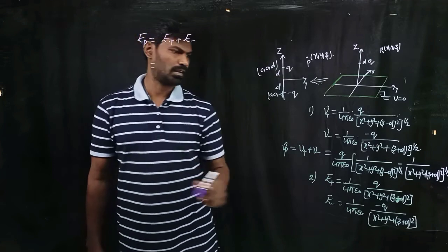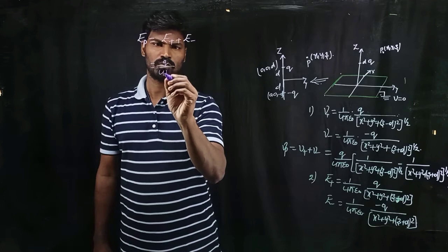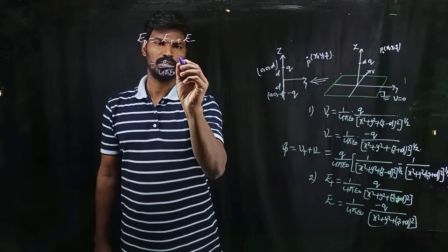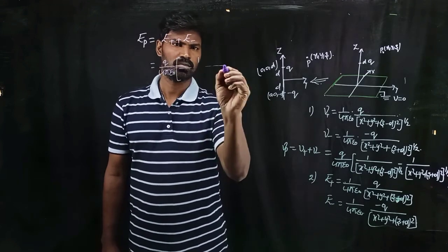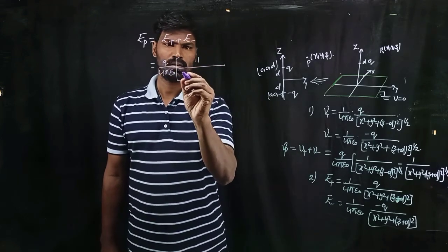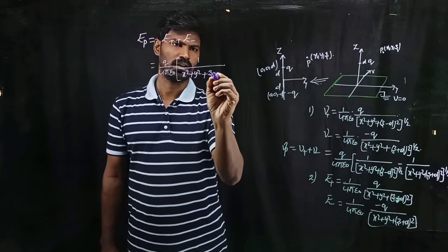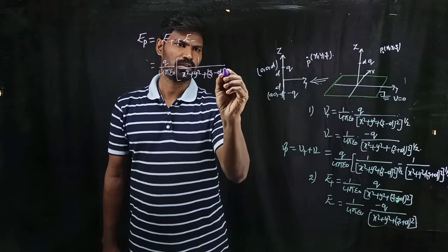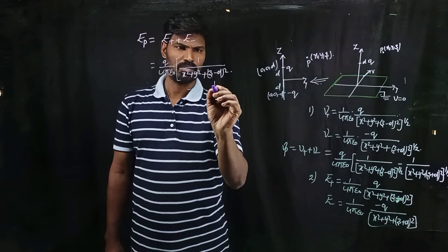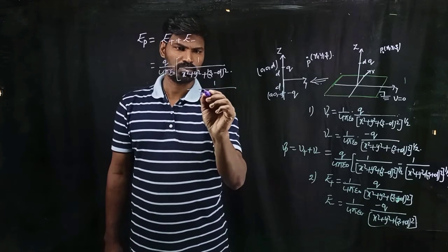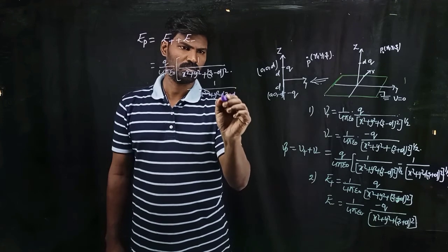I am taking Q common: Q divided by 4 pi epsilon naught into 1 divided by [x square plus y square plus (z minus d) whole square], minus, because this is the negative charge, 1 divided by [x square plus y square plus (z plus d) whole square].